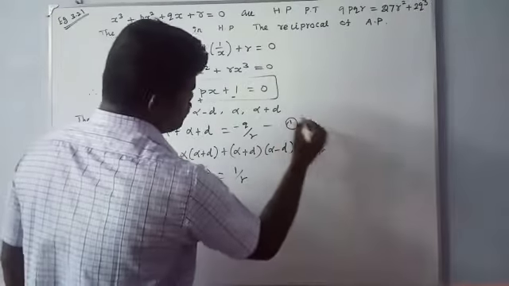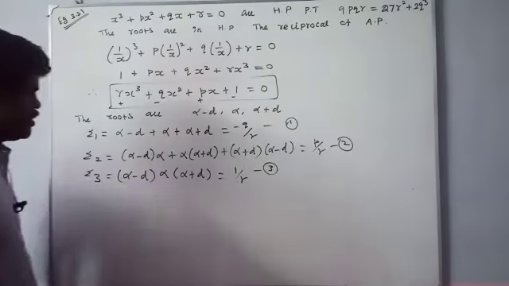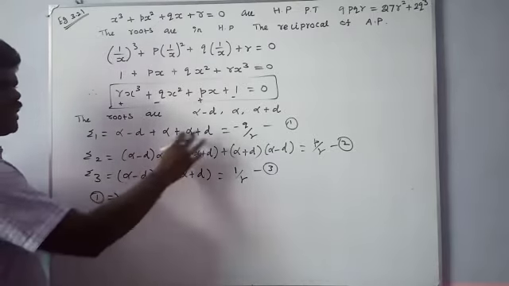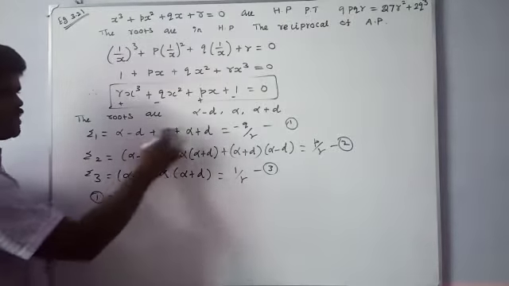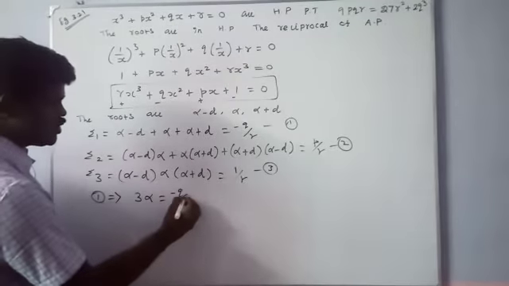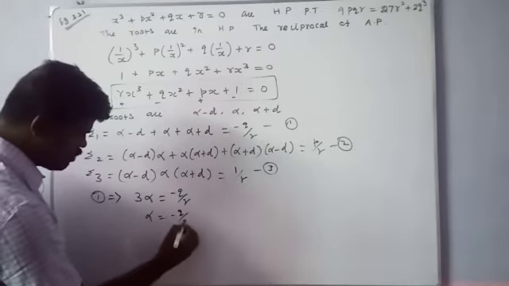This is equation 1, this is equation 2, and this one is 3. First of all, the first equation can be written by cancelling minus d and plus d. What is the value? 3 alpha equal to minus q by r. Now alpha is equal to minus q by 3r.